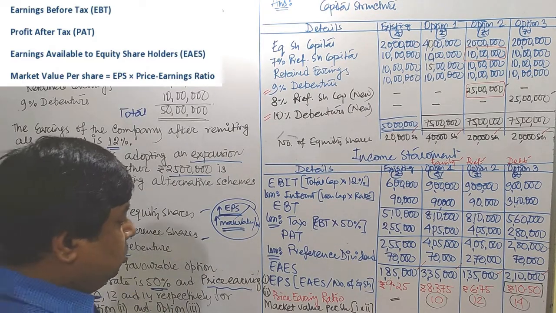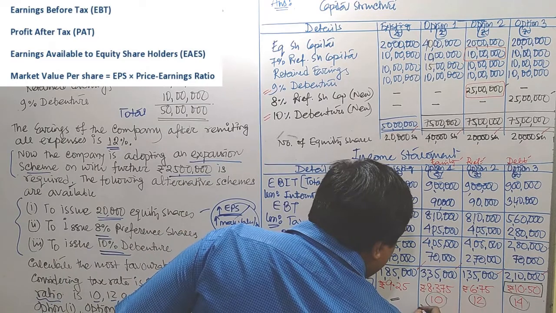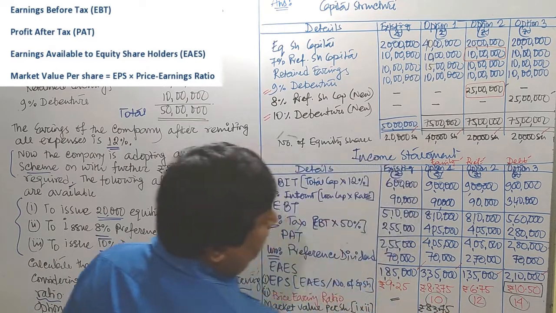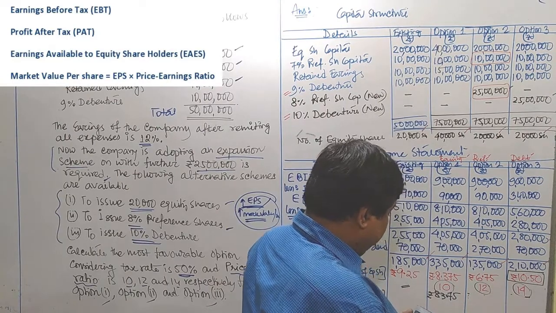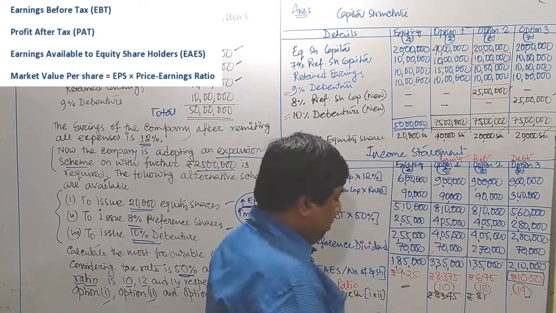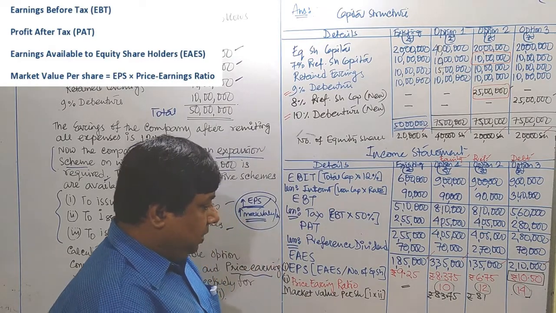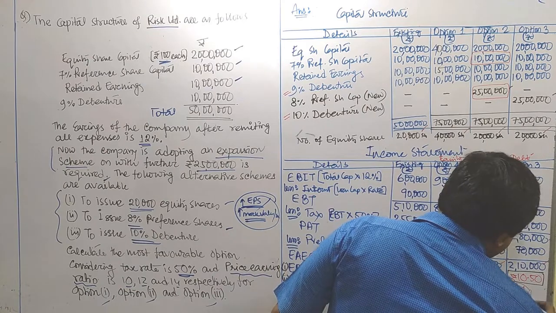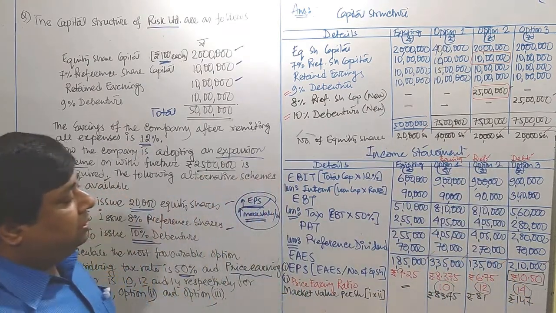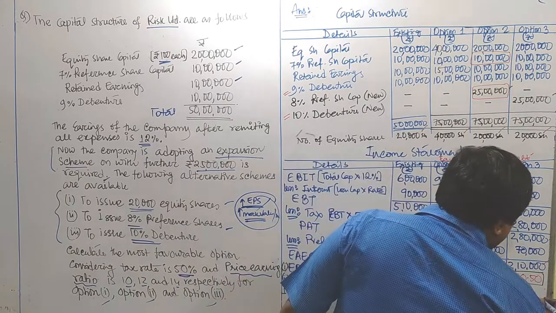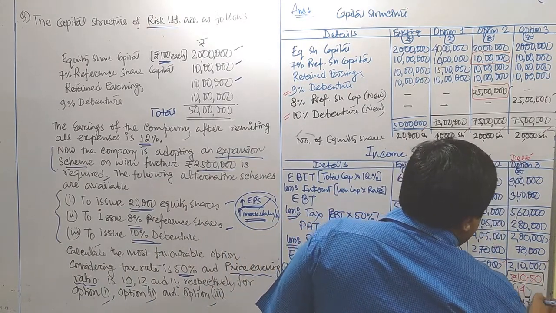The first option will come 83.75. 6.75 into 12 will come rupees 81. And in option 3 it is 10.5 into 14, that is 147.